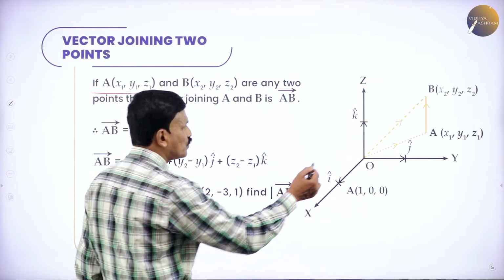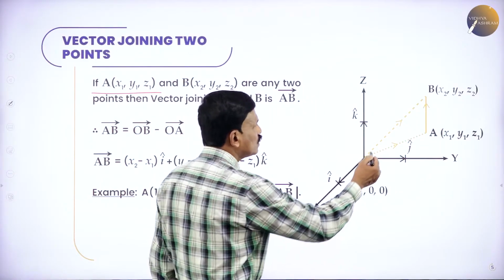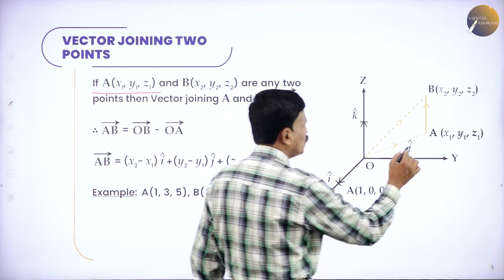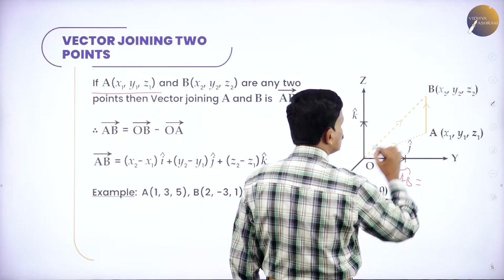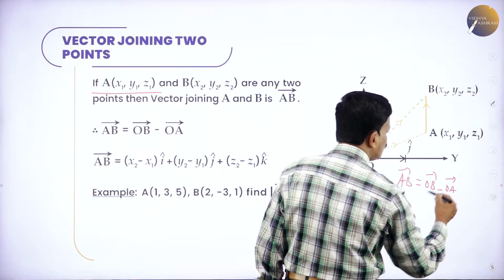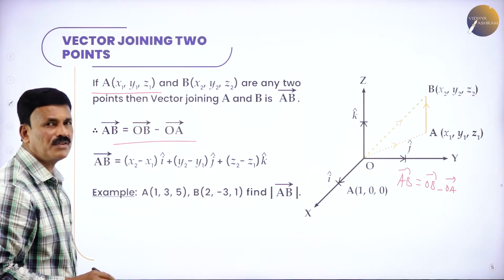Then the vector formed by joining these, vector AB, is given by vector AB is equal to vector OB minus vector OA. Here vector AB is always equal to vector OB minus vector OA.